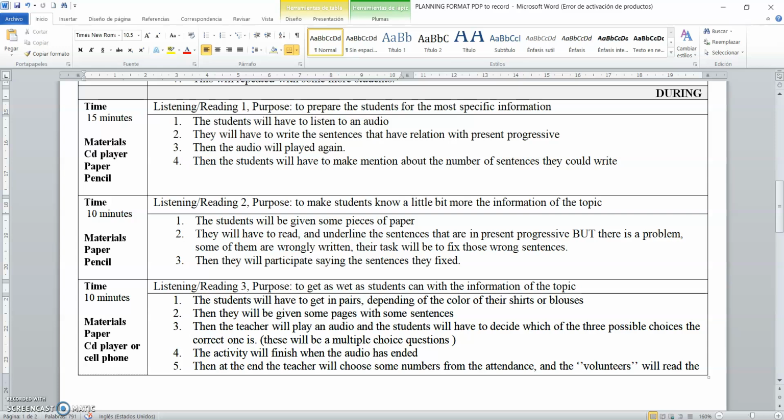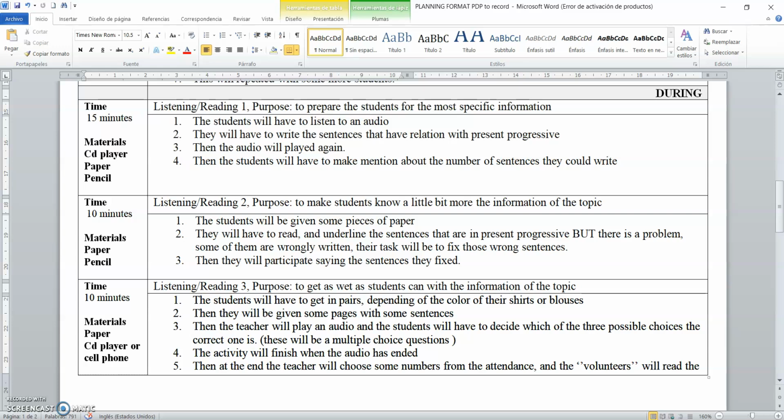Why are there mistakes in this activity? Because they already have to identify which mistakes those sentences have.